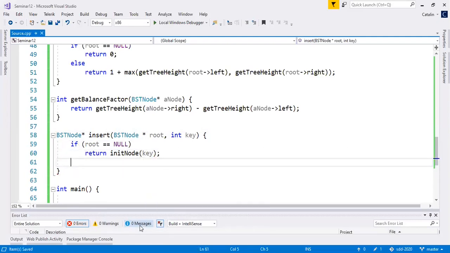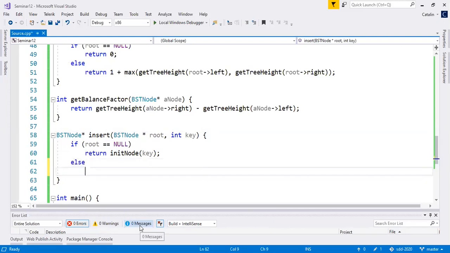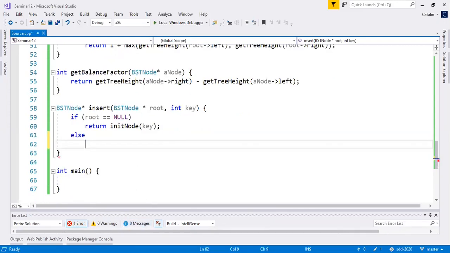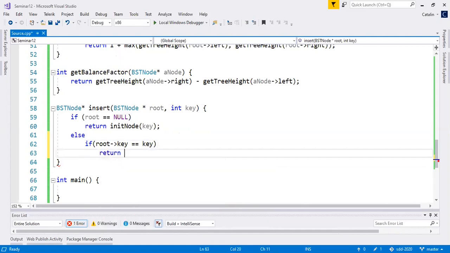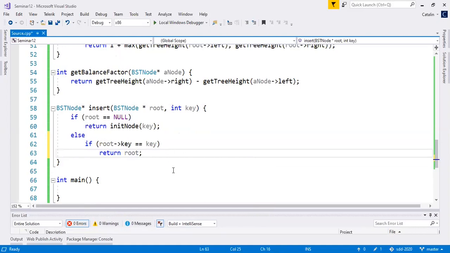Okay, else it's a binary search tree, so you need to check if root key equals key. We don't accept it, so in this case, we don't want to break the tree, return root. Okay, and in this case it is a duplicate.